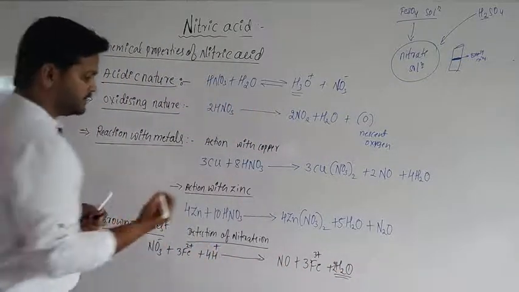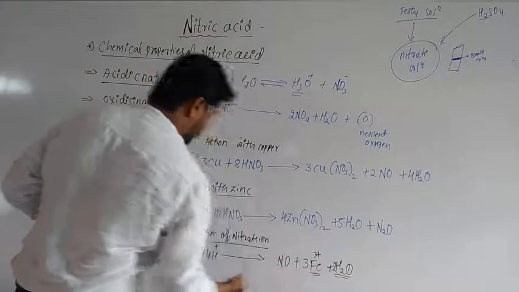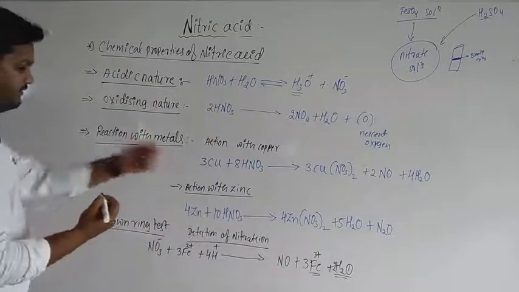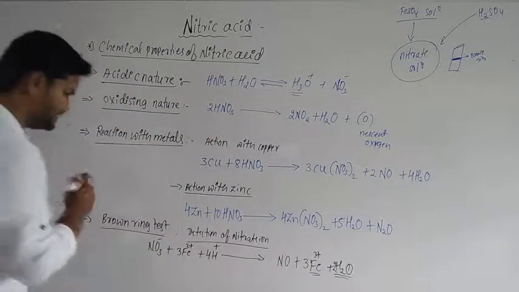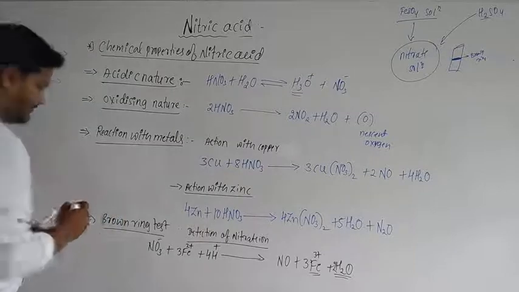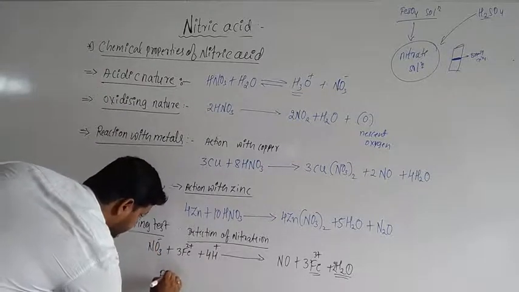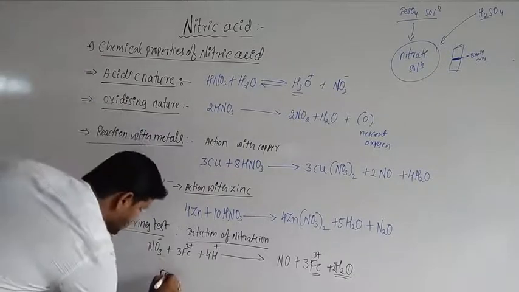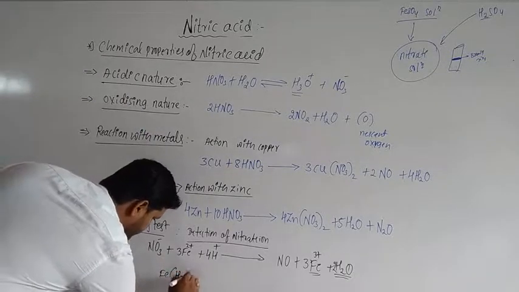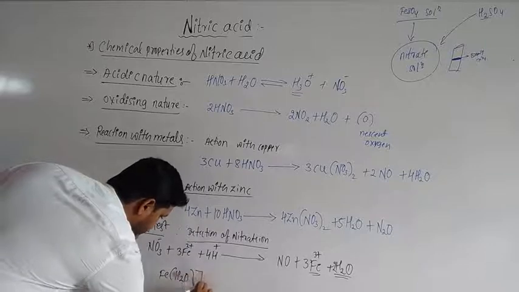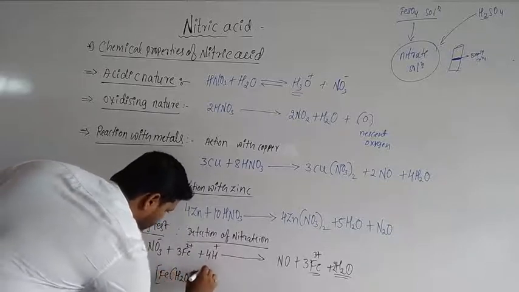And next one, this iron complex forms the brown ring. I will write here: Fe(H2O)6 2 plus. This is the complex.